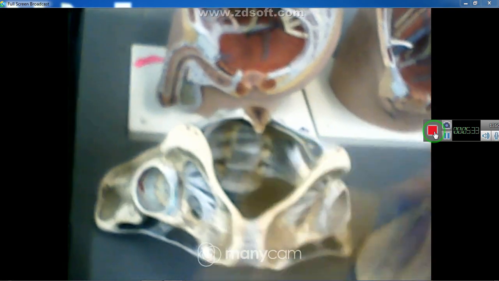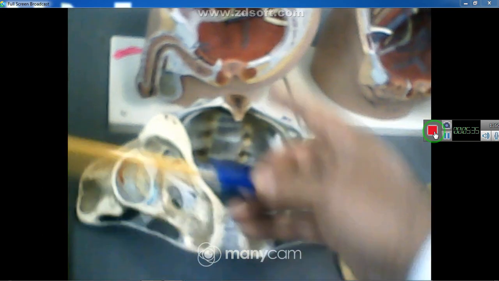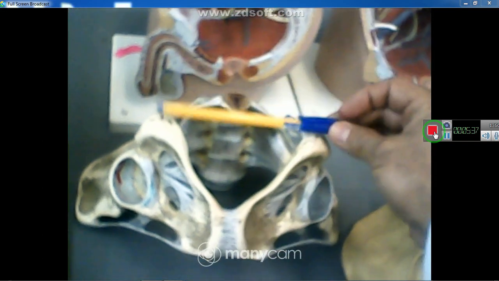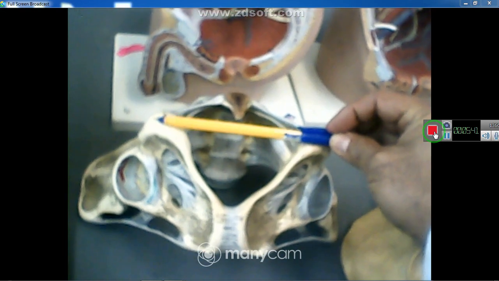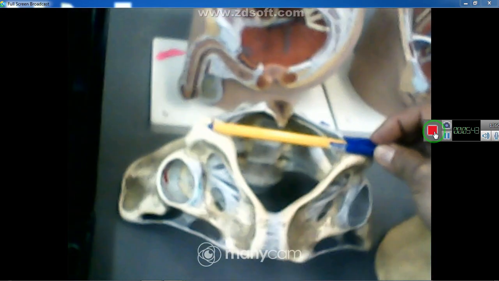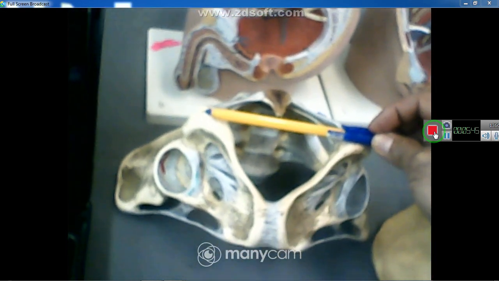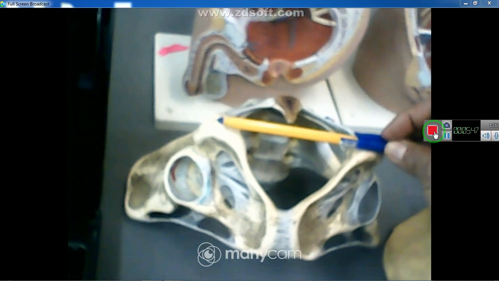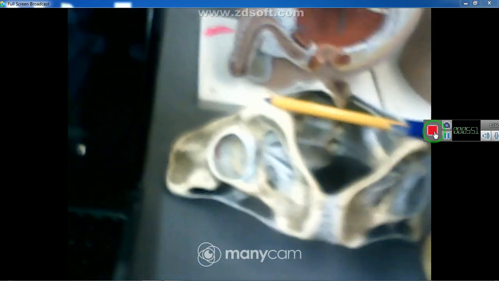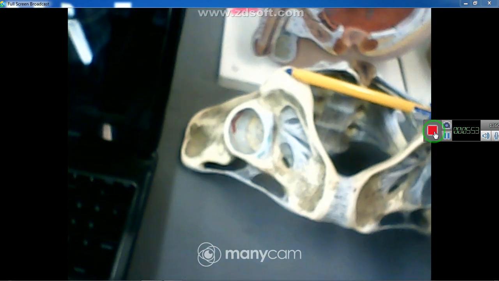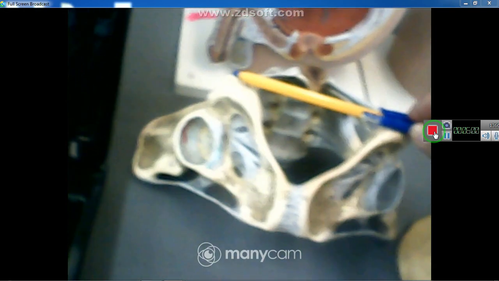Anterior triangle is just near to the pubic symphysis, posterior triangle near the coccyx. The anterior triangle, which is this one, is called urogenital triangle because it contains the urethra and external genitalia. While the posterior triangle is called anal triangle because it contains the anus. Right? This is on this sample.